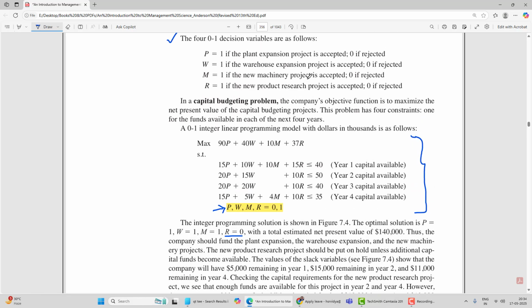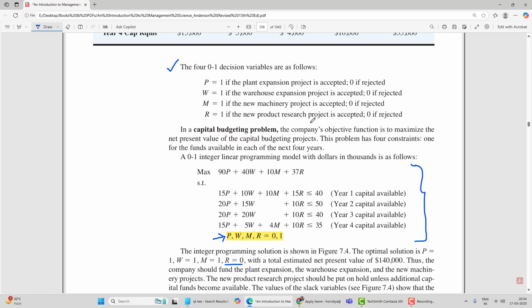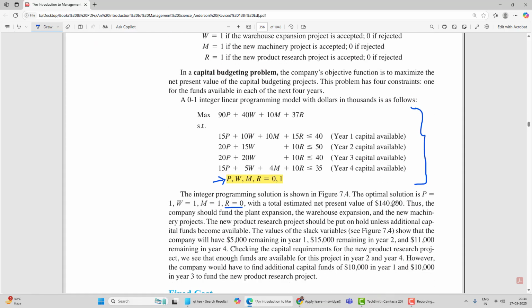So that means the research will not be going ahead. So obviously P, W and M will get values 1 and R will be 0. So 90 plus 40 plus 10, 140,000 will be your maximum net present value for these 4 projects, because the research project will be dropped.